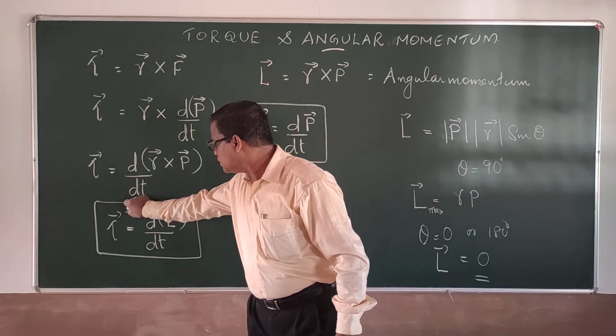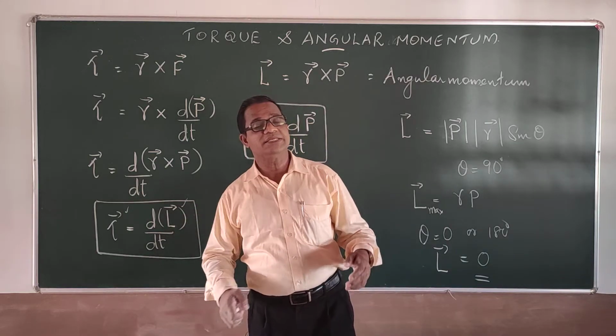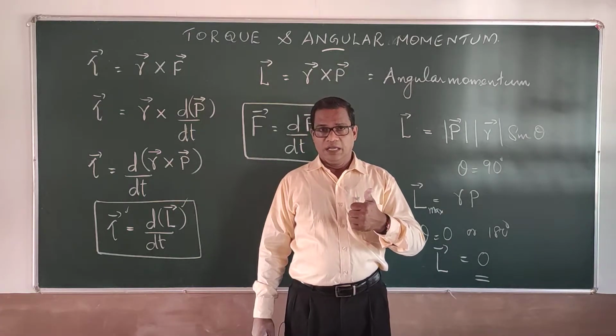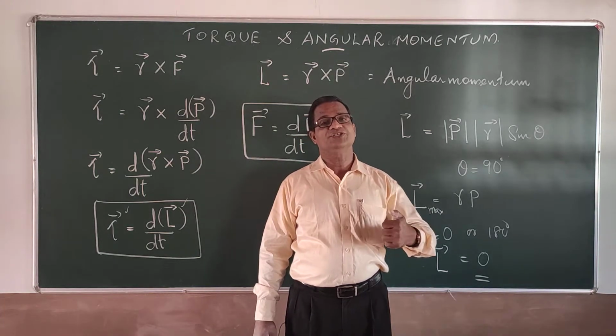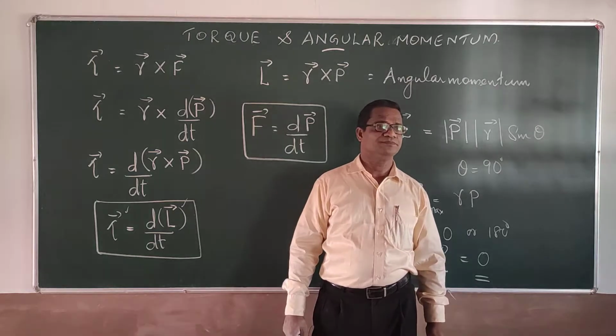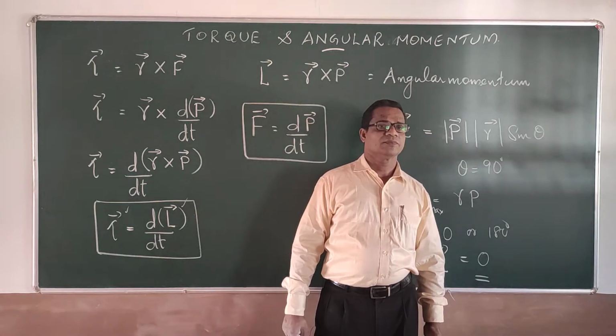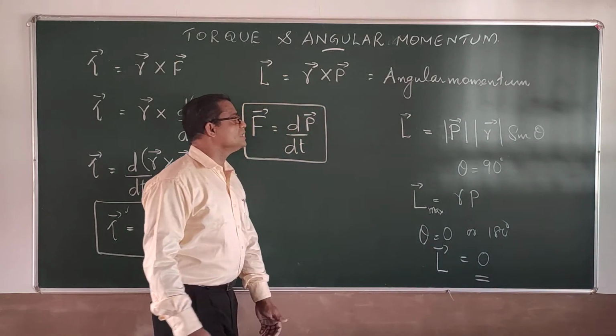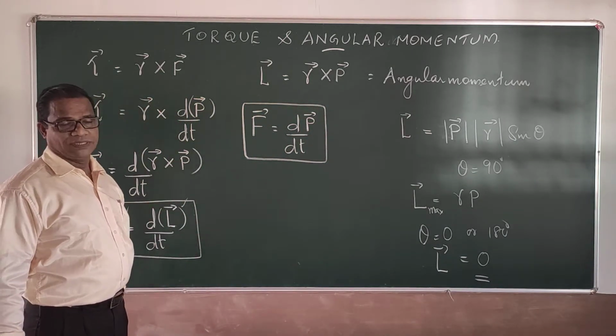So torque tau and L both have the same direction, along the axis of rotation of the system. Okay? So these are the points relating to angular momentum.